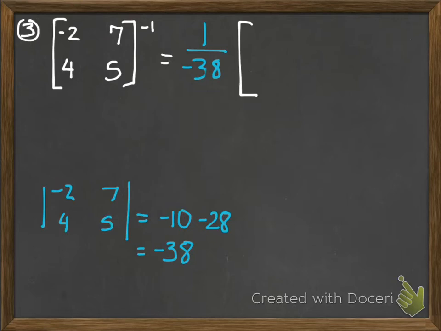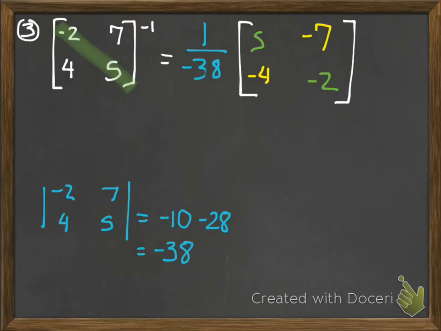For my matrix, which 2 am I going to switch? Negative 2 and 5. So we're going to switch negative 2 and 5. And then you're going to switch 7 and 4, and then 7 and 4 both become negative.